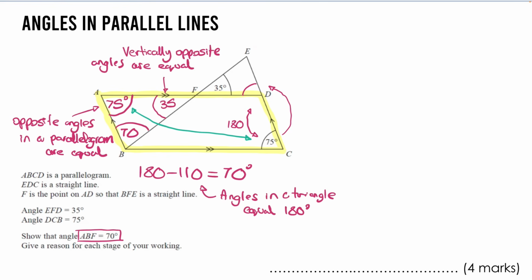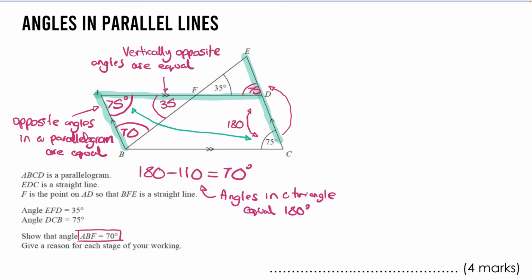Now I could have found this potentially in different ways, and there's absolutely nothing wrong with doing so. I could have moved up to here and found that this was 75, as corresponding angles are equal, and then I potentially could have jumped between these parallel lines here, because we have a parallel line here, and this nice connecting line joining them together makes that nice Z shape.